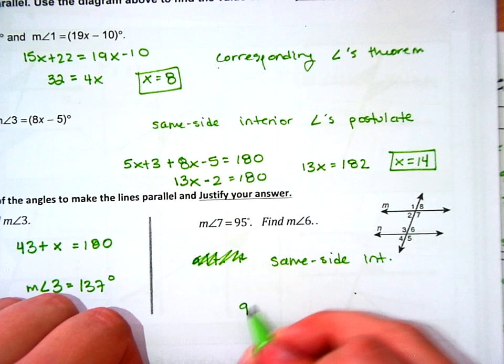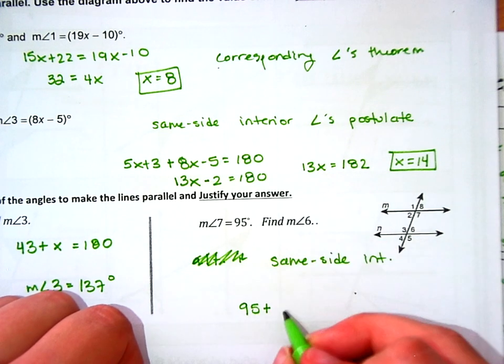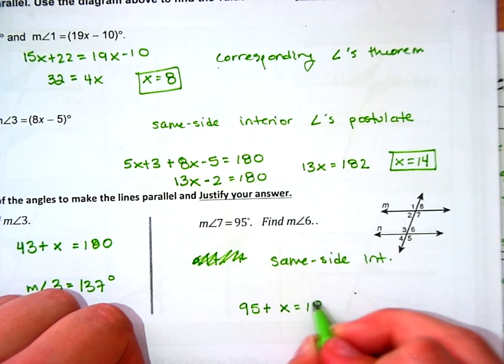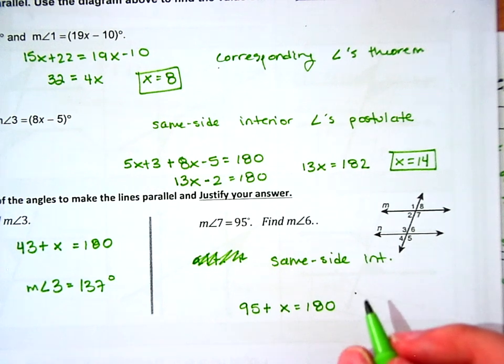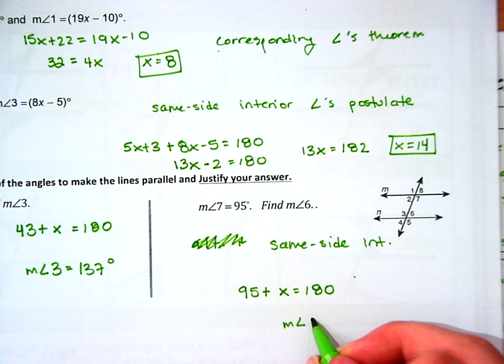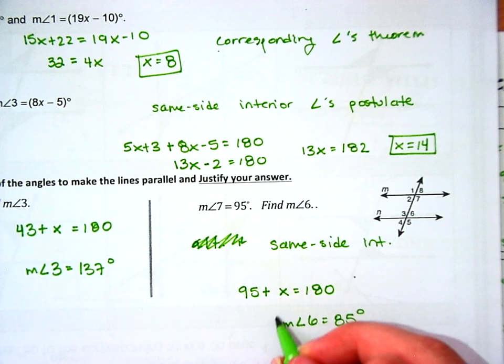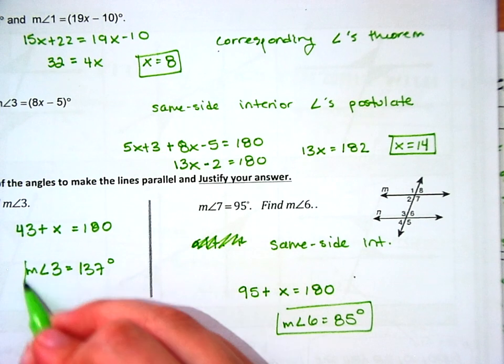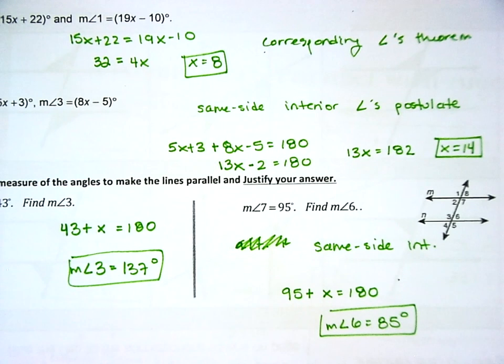So 95 plus whatever angle 6 is has to equal 180. So I'm going to do 180 minus 95, and that leaves 85 degrees for the measure of angle 6. Okay, so those are my two answers for the bottom.